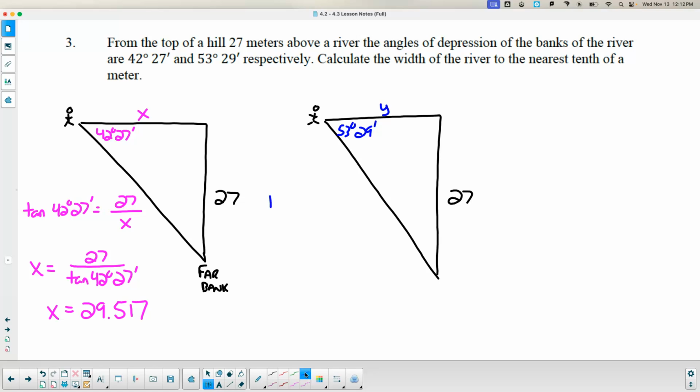So the tangent of 53 degrees, 29 minutes is 27 over y.